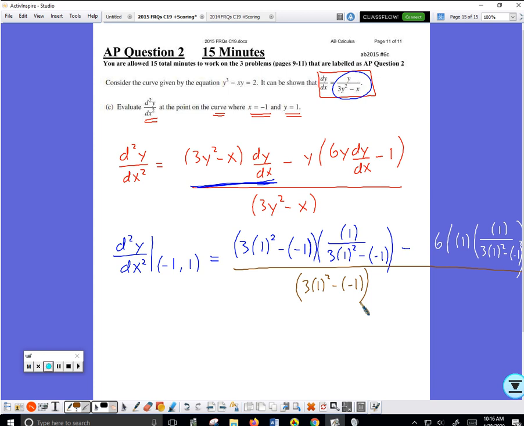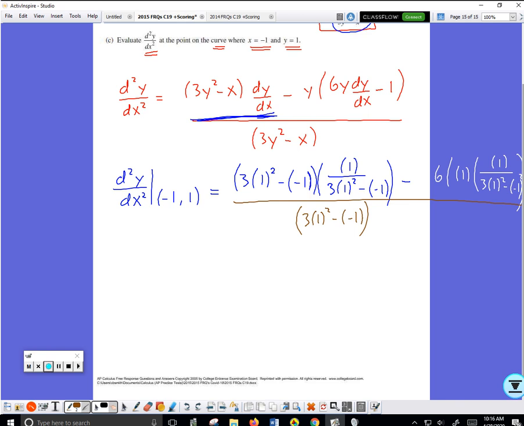So I'm going to write it one more time, try to do it a little bit smaller. But basically, I would have, so we have parenthesis, key is all the parentheses, 1 squared minus -1 times dy dx.